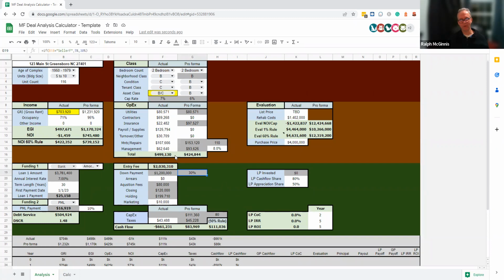Every time you do a fresh one, I suggest coming back to the template and doing a fresh sheet off of that template, because I'm going to be maintaining this. If there's any improvements made, it'll be on this template. If you need to overwrite a formula, like in this case, let's say you negotiate a 7% seller finance instead of 5%, so you overwrite that.